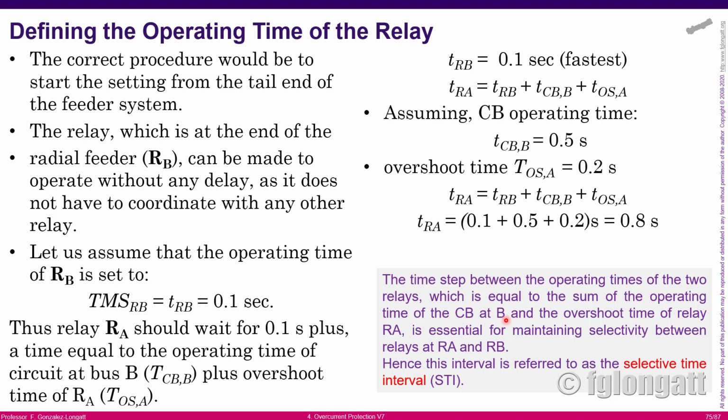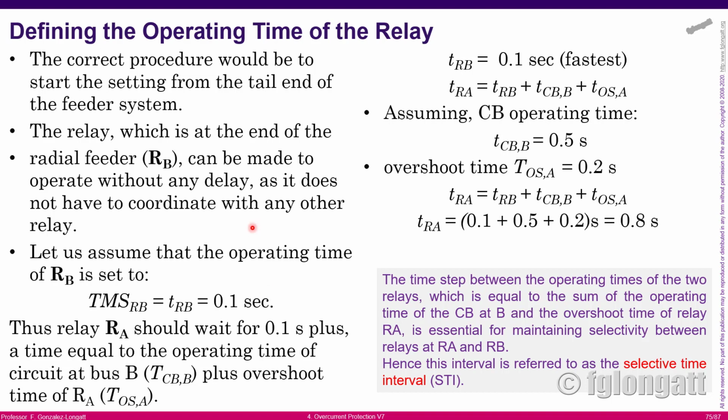Because we don't have any other relay downstream of relay B, and as a consequence, we don't need coordination downstream of relay B. For that reason, we set the relay to the minimum setting, in this case 0.1 second. However, that is the primary protection. Relay B will send the signal in 0.1 second to the breaker in order to stop the short circuit current.